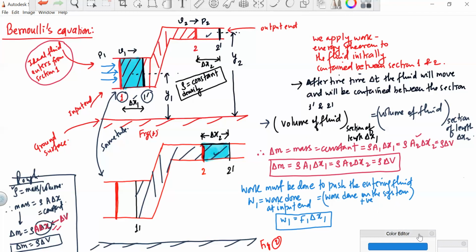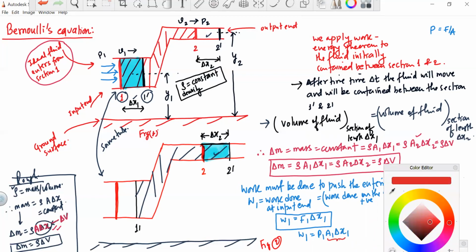And we know pressure equals force by area. So we can write W1 equals P1 A1 delta X1. Clear? And we know area times length is volume.